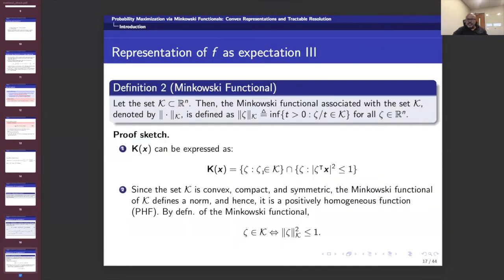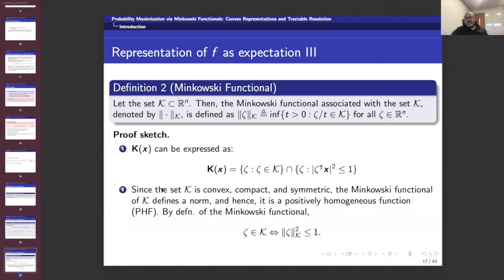In addition, zeta has to lie in K script. These are the two requirements. So you can write K of x as the intersection of the set of zeta such that zeta lies in K script and the set of zeta such that zeta transpose x squared is less than 1. Note that for this part I've assumed that m is 2, but you can generalize it.